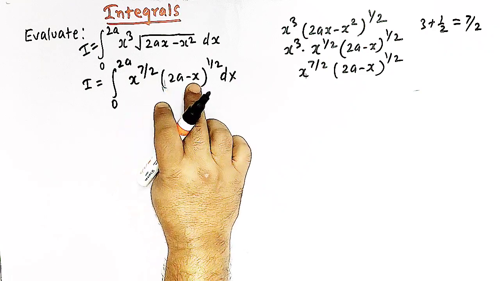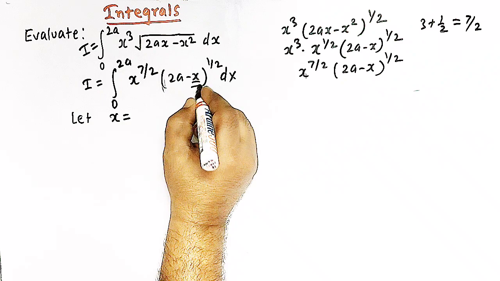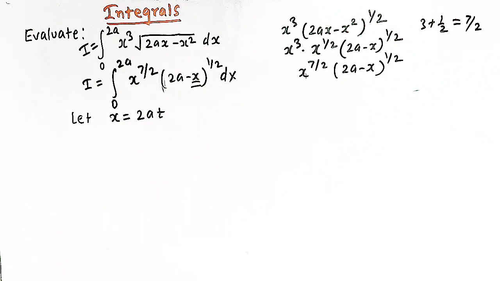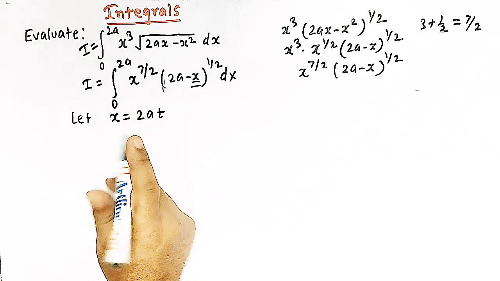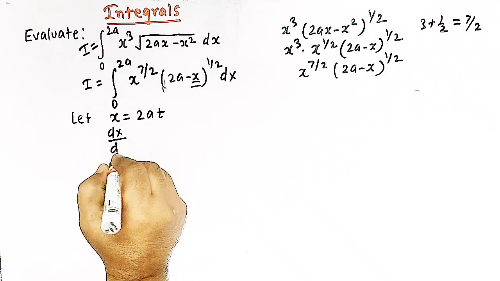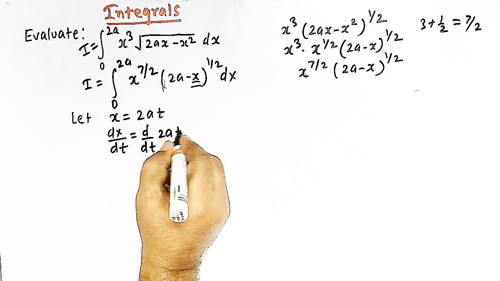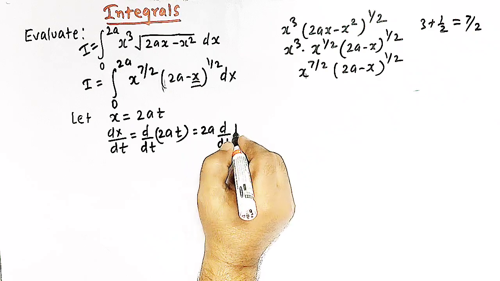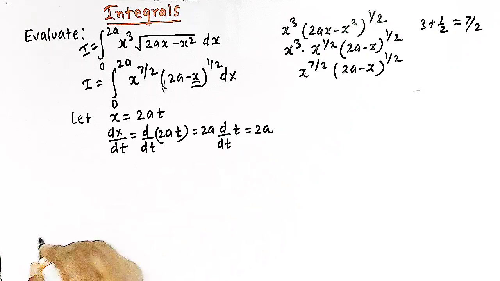Now let us make the substitution x is equal to 2at. Here we can also make a trigonometric substitution, but I will prefer this one. So x is equal to 2at, so that dx over dt is d by dt of 2at, which is 2a times the derivative of t with respect to t, and that is simply 2a, since the derivative of t with respect to t is 1.